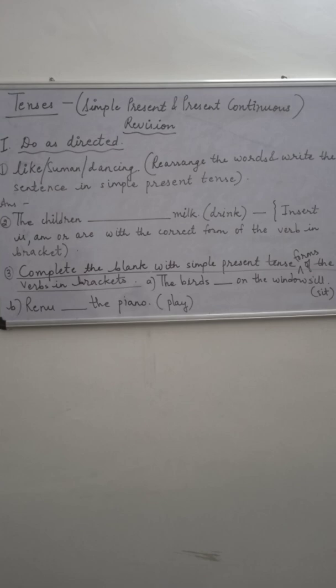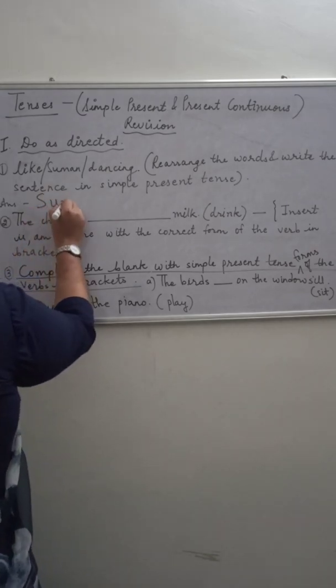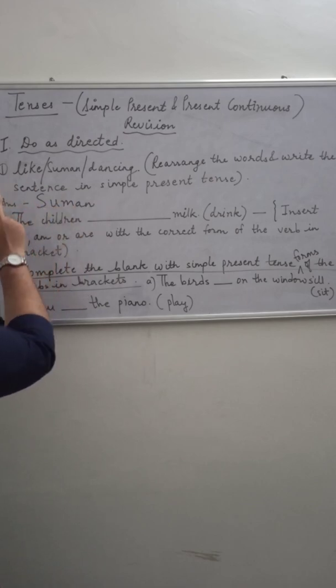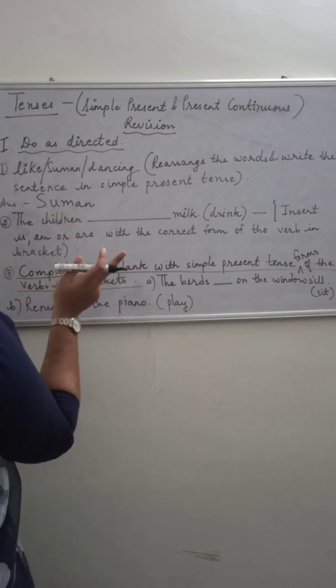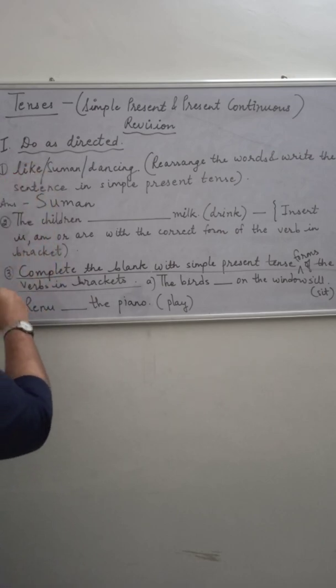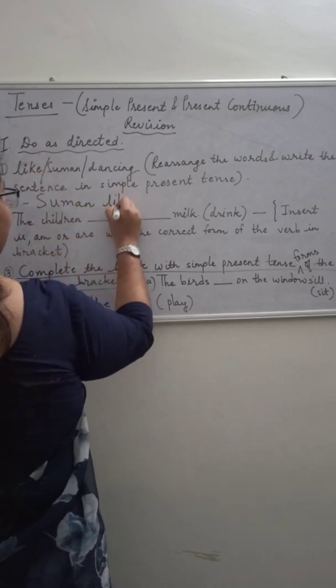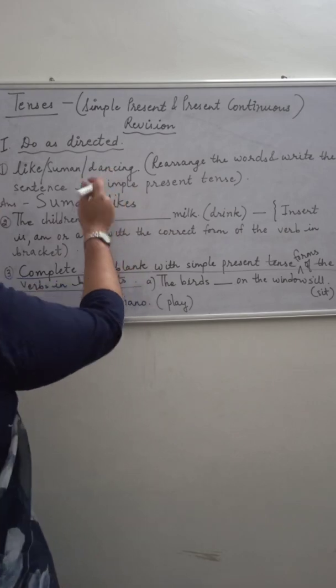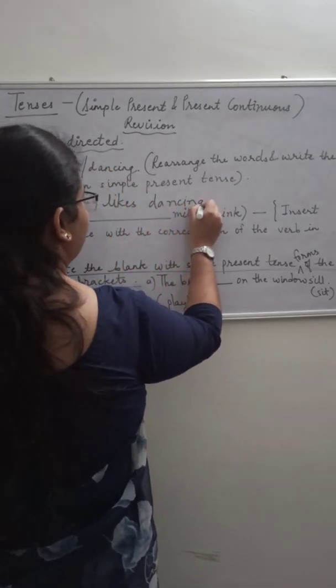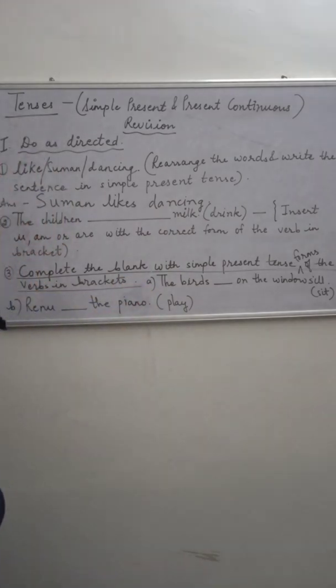So in the simple present tense it will be written as Suman. Like will become likes because I told you with singular nouns we add an S to the base form of the verb. So like will become likes and then dancing. So this is the correct form of simple present tense.